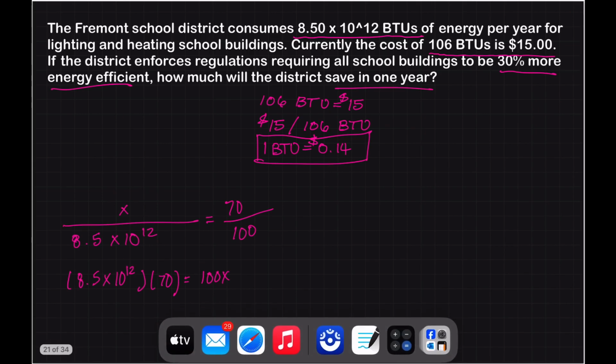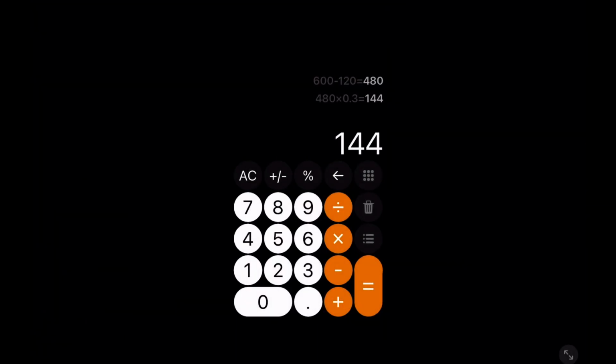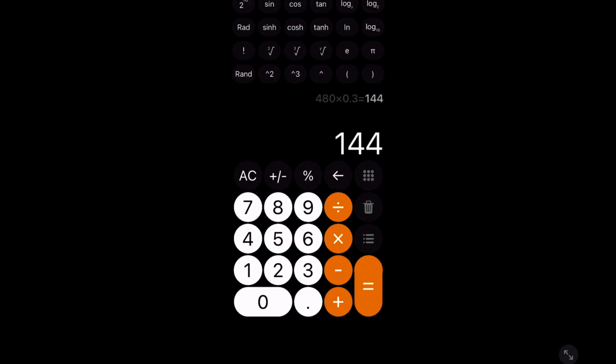Okay, now this is where it gets important. So let's look at our calculator. When we're putting stuff like this in the calculator, we need to make sure that we're putting it in correctly. Anytime I'm using an exponent, I like to go ahead and put it in parentheses. Times 10 to the 12.